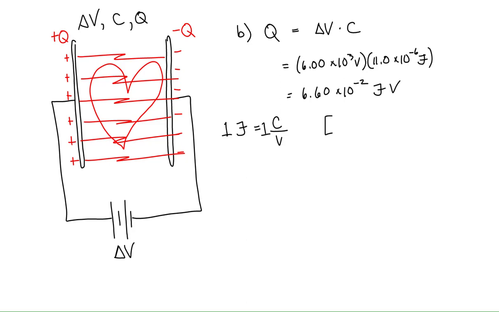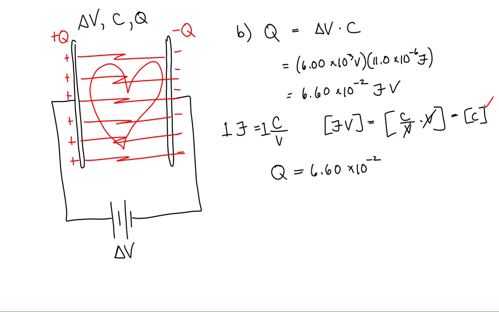So this means that a farad volt has units of a coulomb per volt times volt, which ends up being the unit of the coulomb. And yes, that's what we're looking for. So the units of this problem check. This means that the charge that was discharged through the patient's heart is equal to 6.60 times 10 to the minus 2 coulombs.